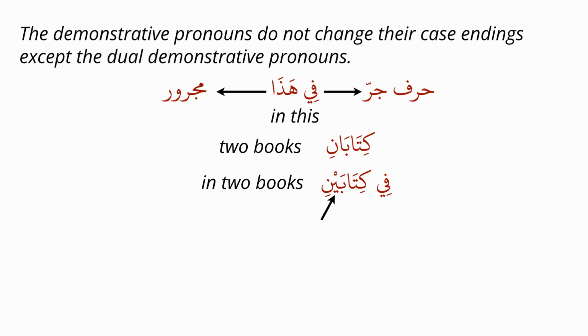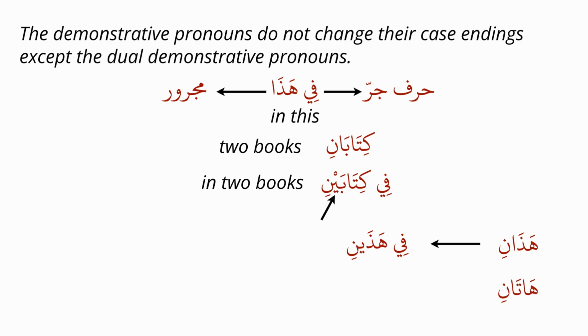Likewise, if we have the dual demonstrative pronoun hadani meaning these, referring to 2 entities, and I need to say in these 2, I say fi hadaini. Here the demonstrative pronoun hadaini is majroor, which is indicated by ya. Okay?